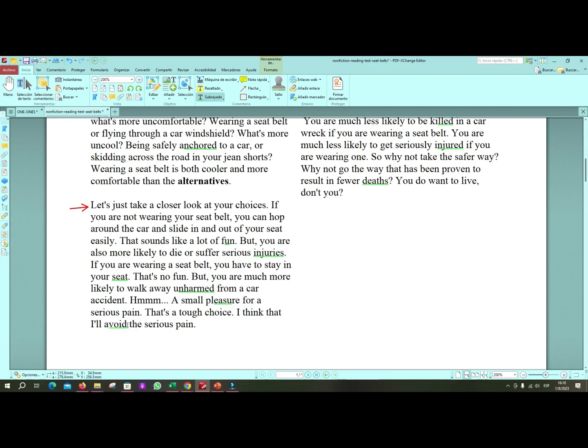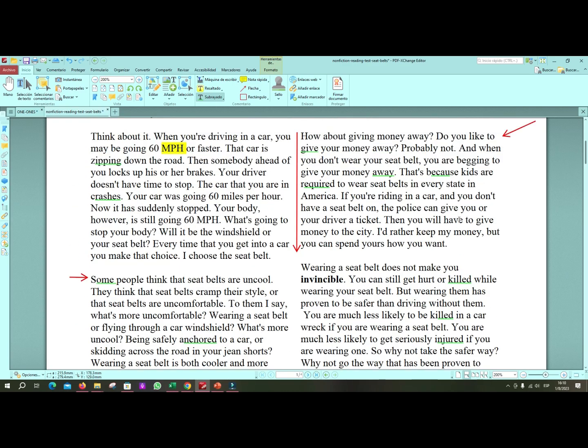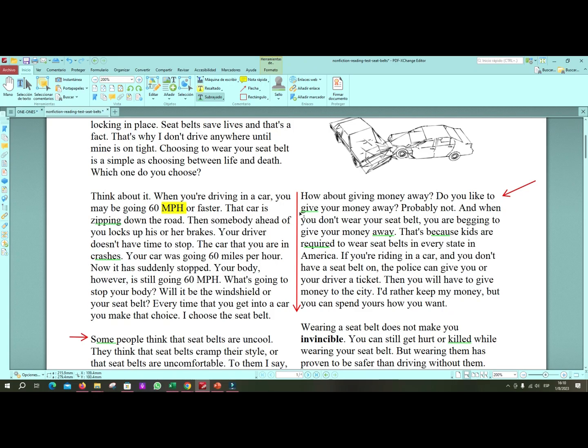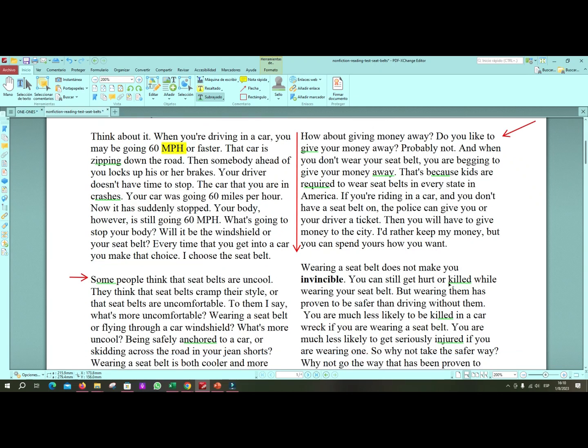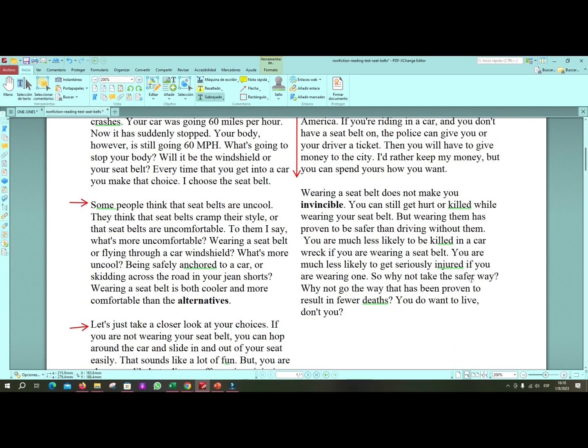Pleasure, avoid, right? Also give, required, killed, and injured. So remember the pronunciation of the ed sound in a verb. Yes, that is the simple past, guys.